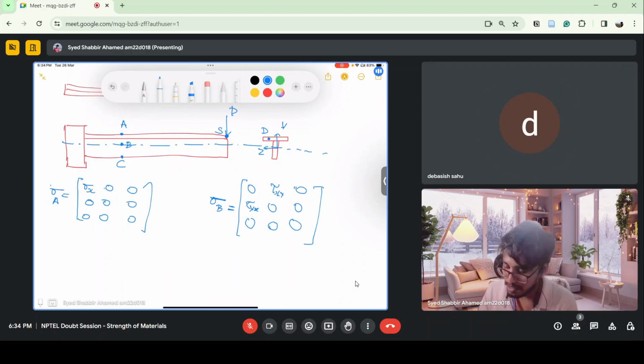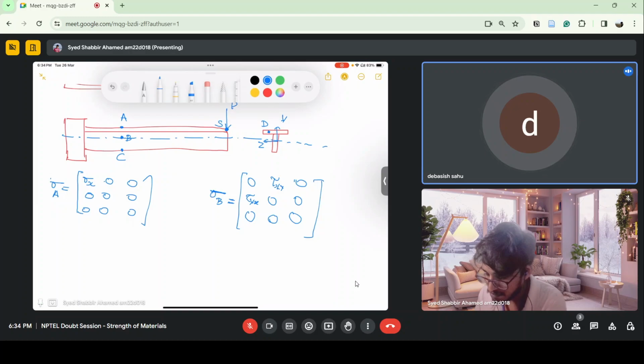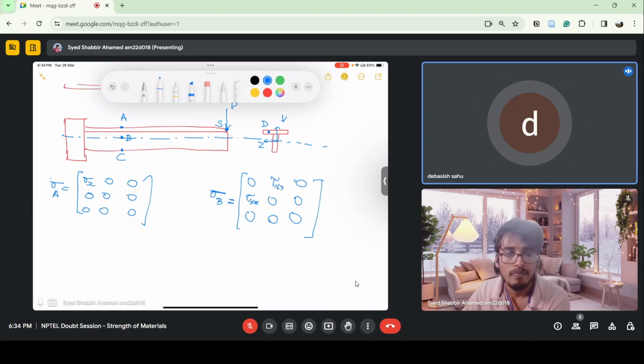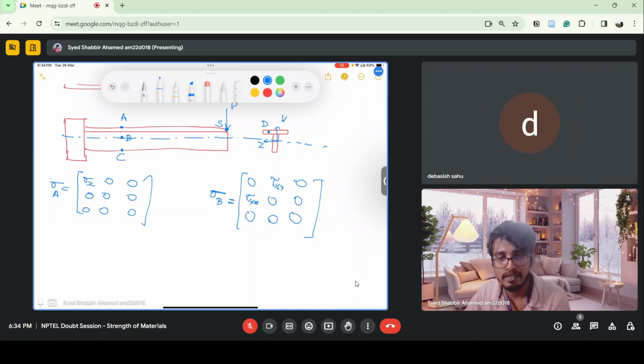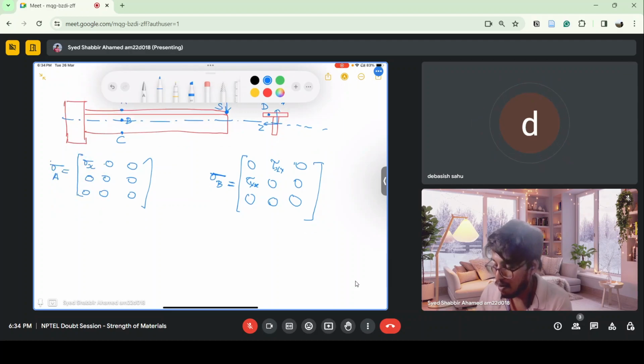Because if you take a section and the stress is in the y direction. In tau xy, x represents the plane direction, and y represents the direction of the stress or force. If I take a beam, this is the x-axis, this is the y-axis, and this is the z-axis.